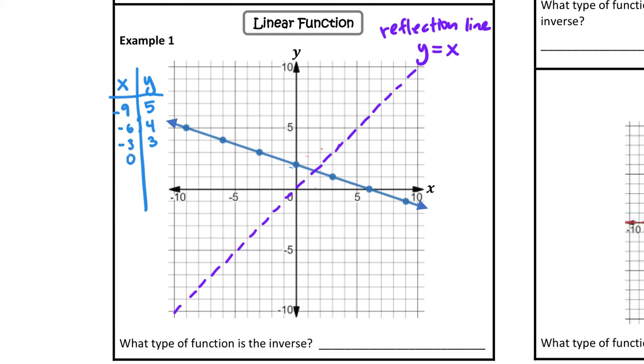Then 0, 2. What's the coordinate of this point? This is 3, 1. What's the coordinate of this point? 6, 0. And then the last point here, 9, -1.